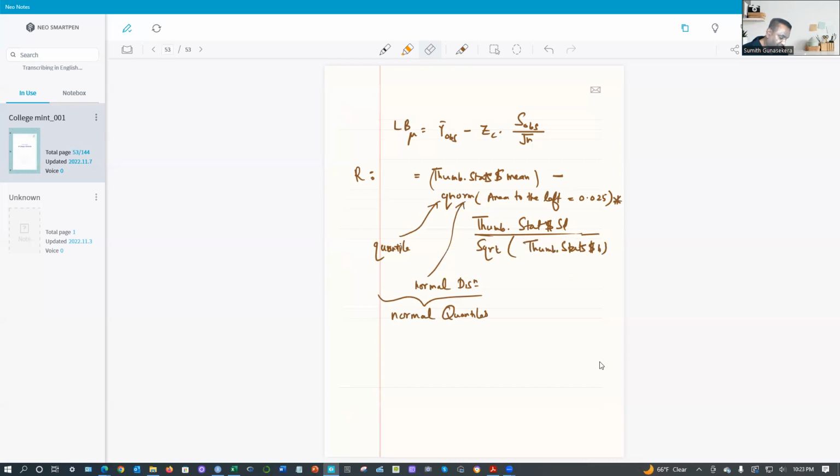Sorry, lower bound. In a similar fashion, you can do the upper bound as well. The upper bound is nothing but its counterpart.